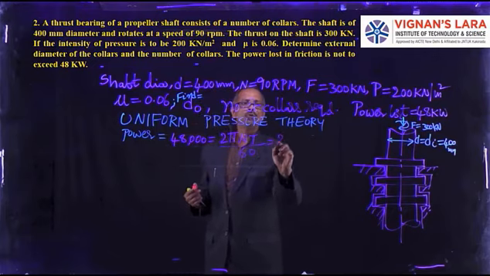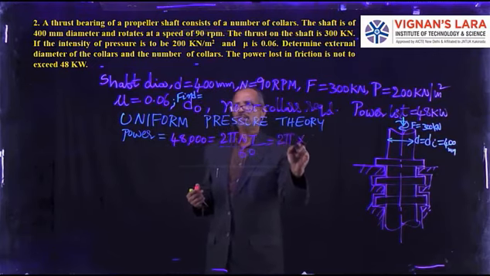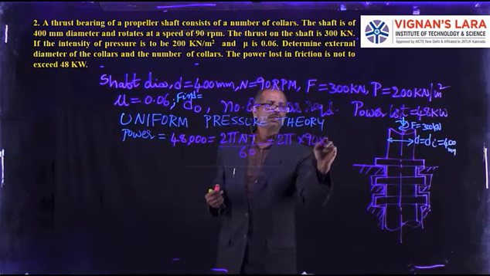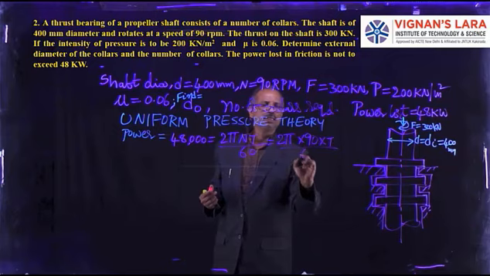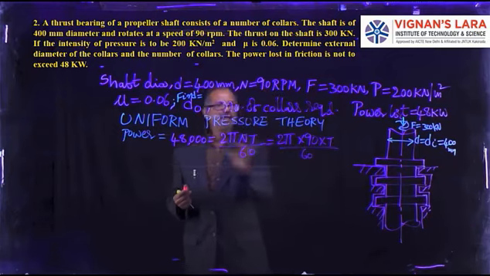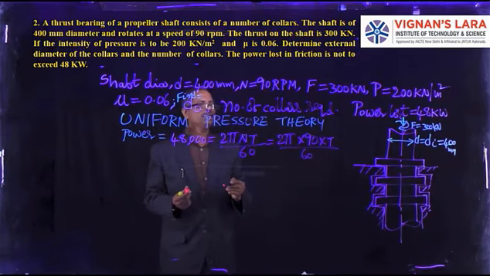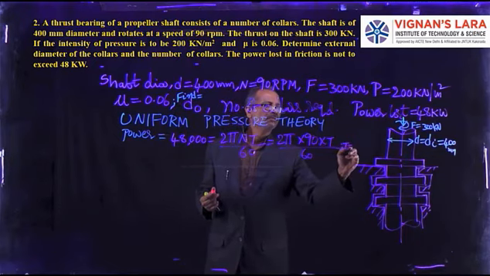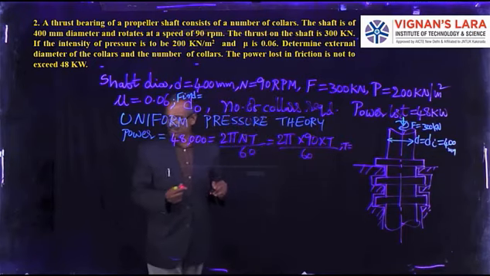So 2 pi, what is N? 90, T by 60. So equate by cross multiplying and calculate the value of T.